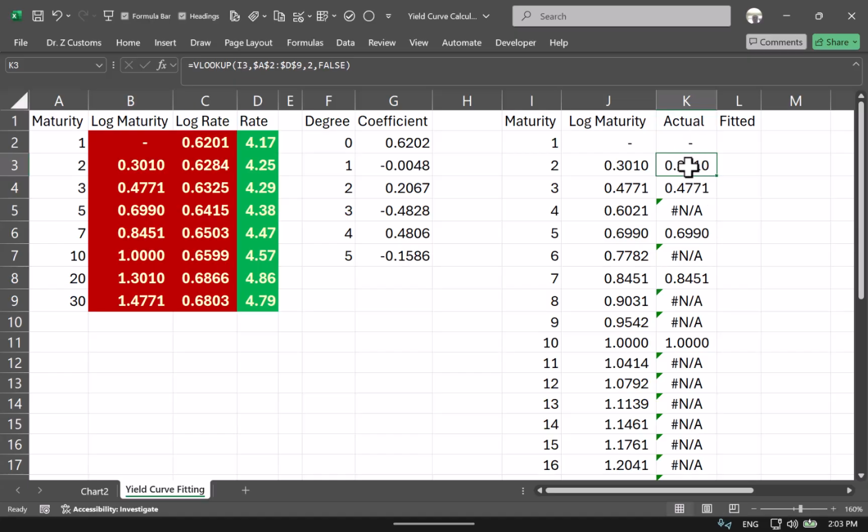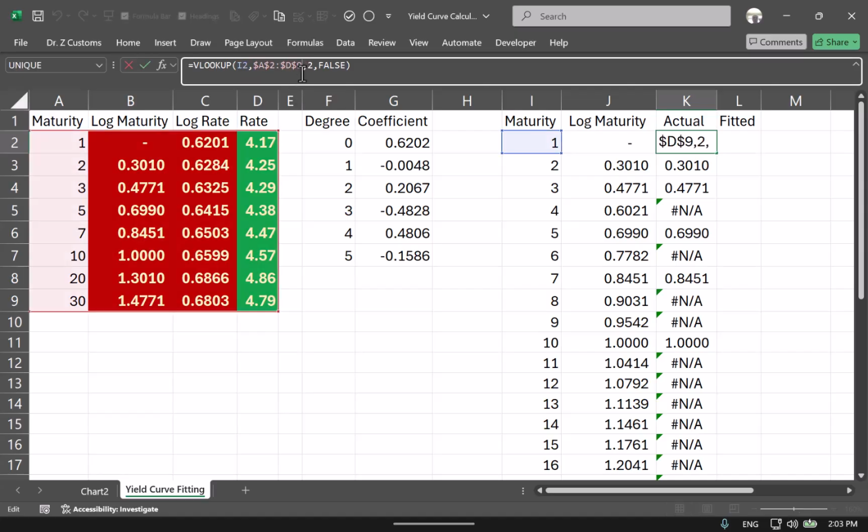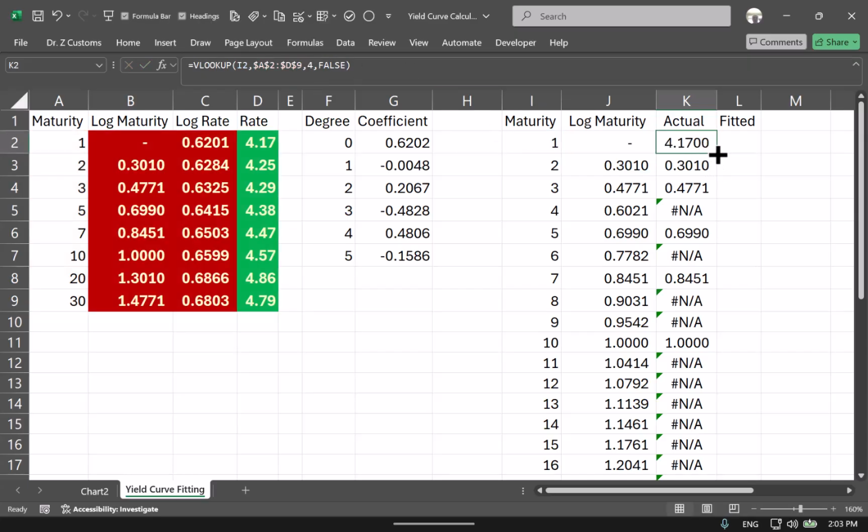Now, these rates are, let's see, I'm going to look it up in this one, but I'll get the fourth column. Anywhere where it's not NA, it's the actual rate that we observe. In terms of fitted, I'm going to say first I'm going to write the fitted directly.